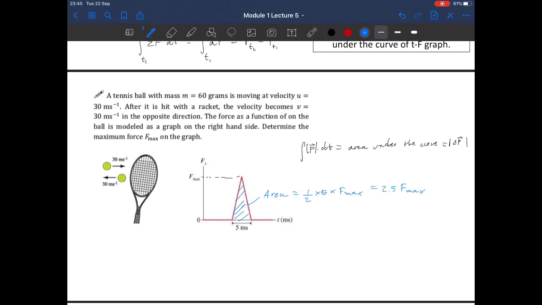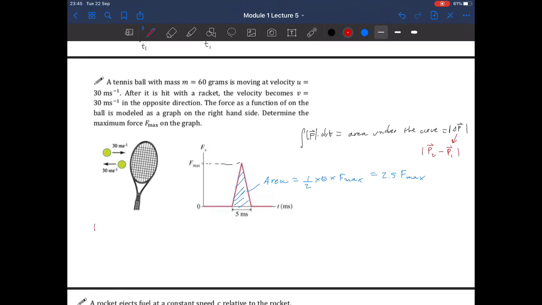Now, delta p is just p2 minus p1. Okay, so what is p2? Before we do that, we need to specify the sign. If you go to the right, that is a plus sign. If you go to the left, that is a minus sign.